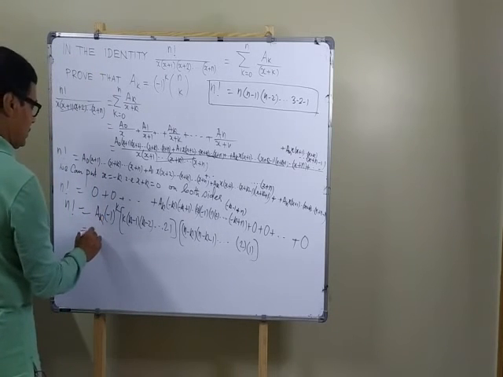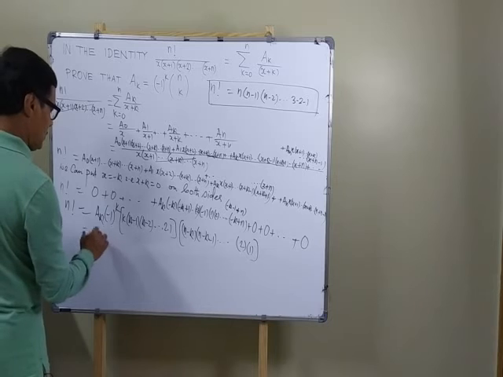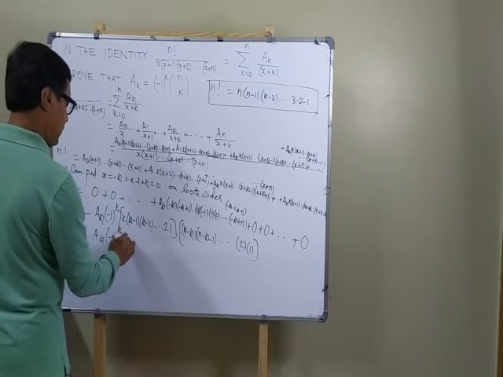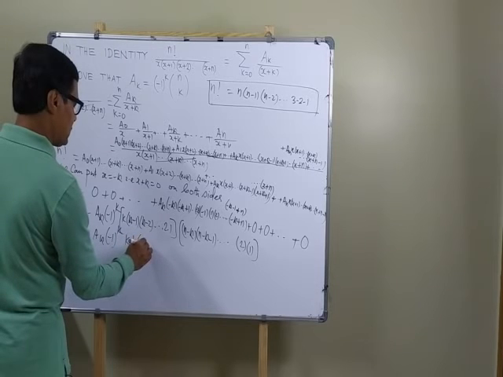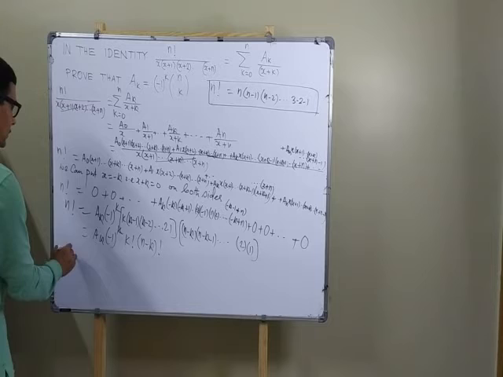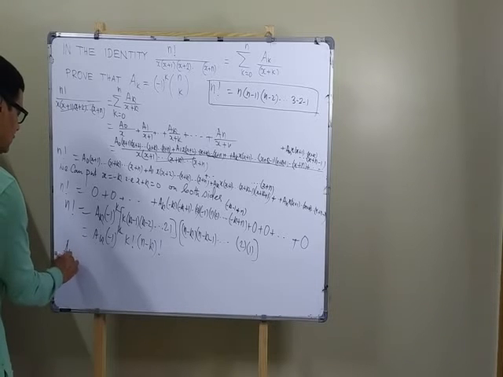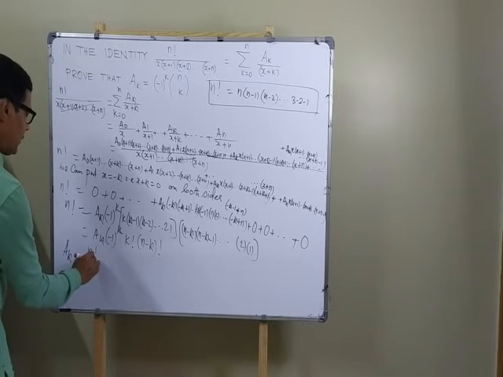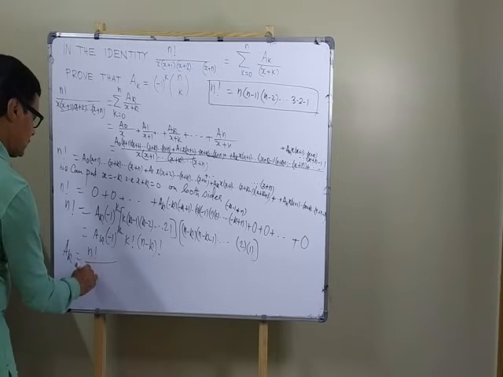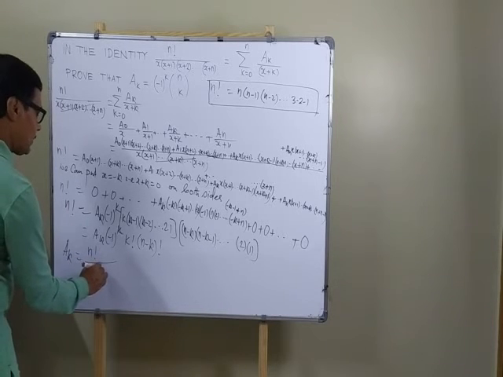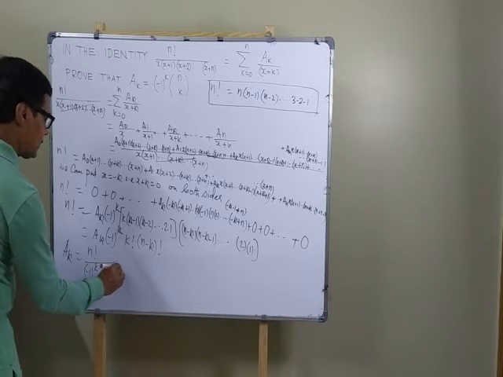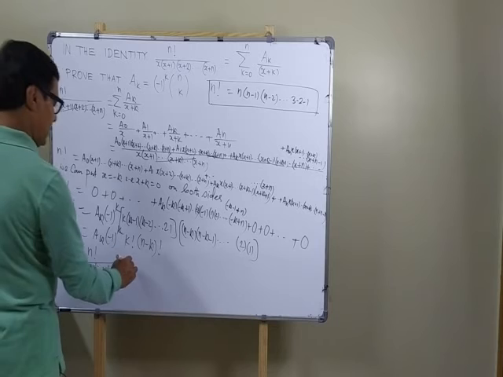So ak equals minus 1 to the power k times k factorial times n minus k factorial. So ak equals n factorial over minus 1 to the power k, k factorial, n minus k factorial.